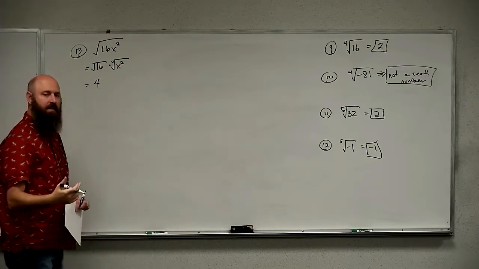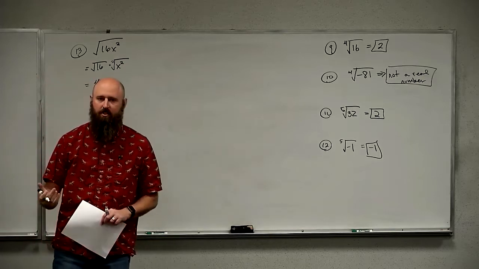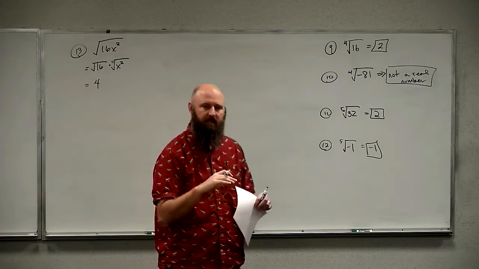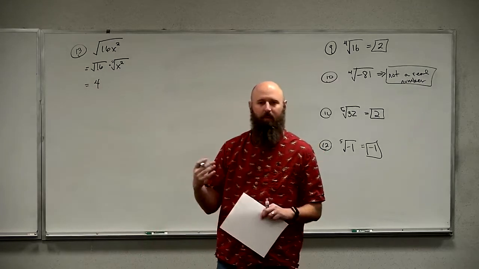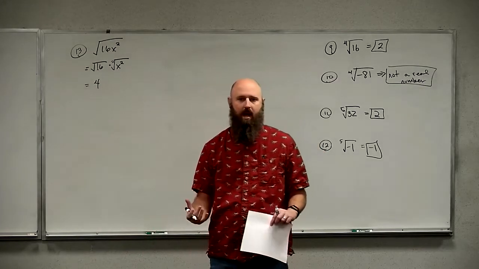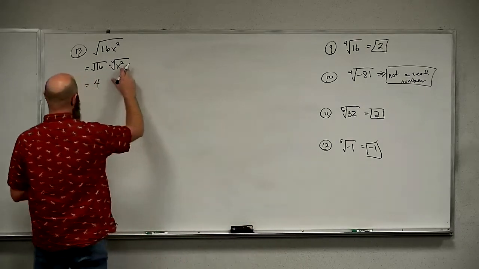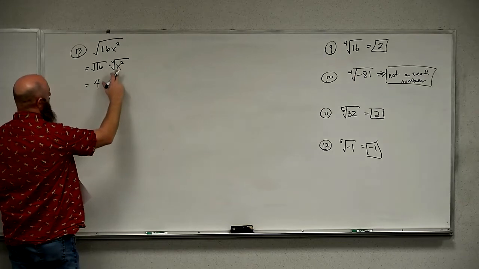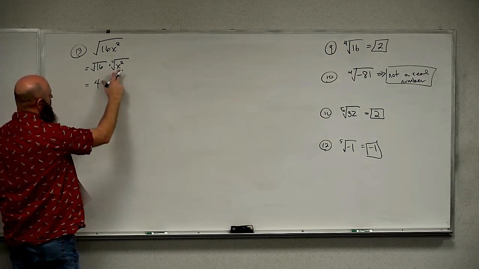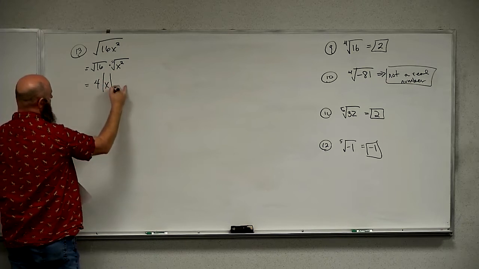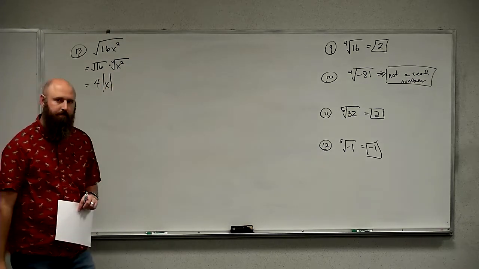And if we go back to our definitions, we had a definition that said if our power and our root are the same, then some things happen. Now we have to look, is it an even or is it an odd? In this case, it's even. So since they're even, my result is what we're taking the square and square root of, which is x in this case, and it goes back in an absolute value.